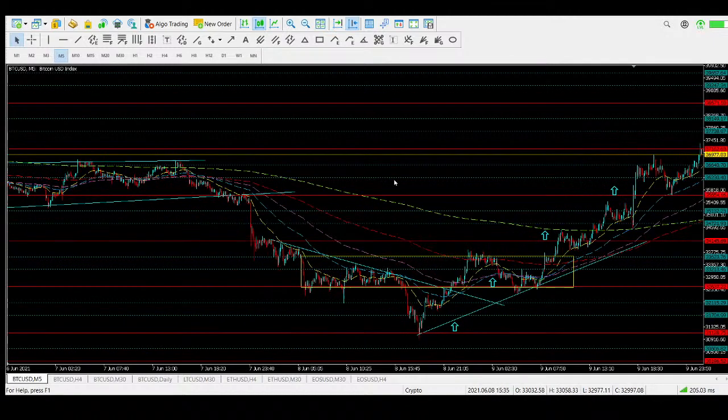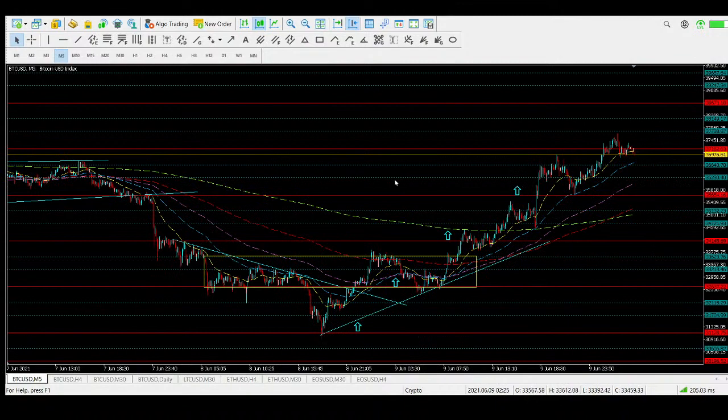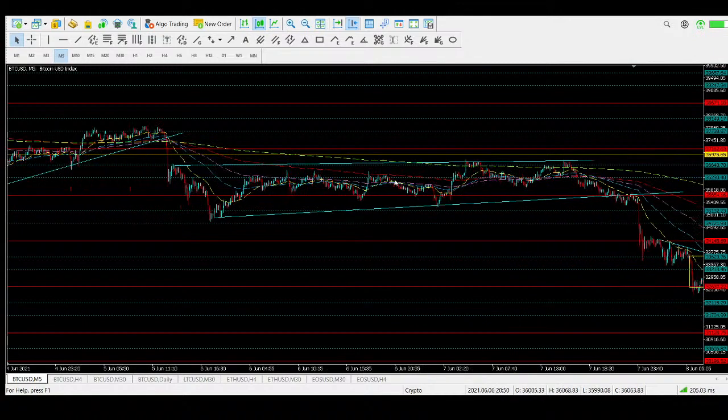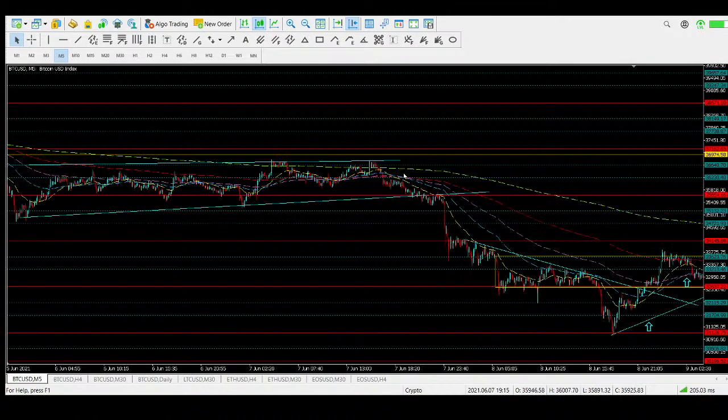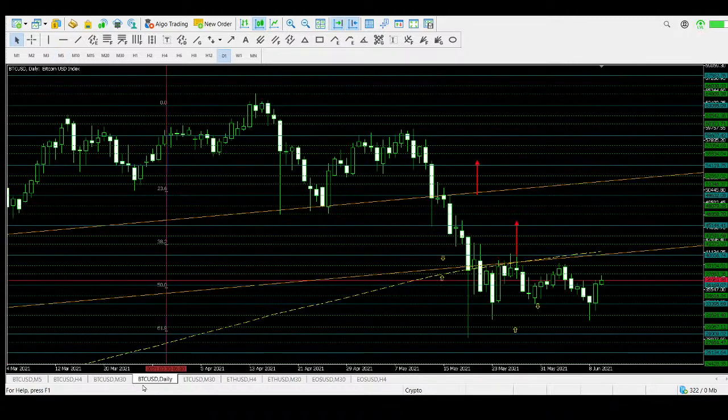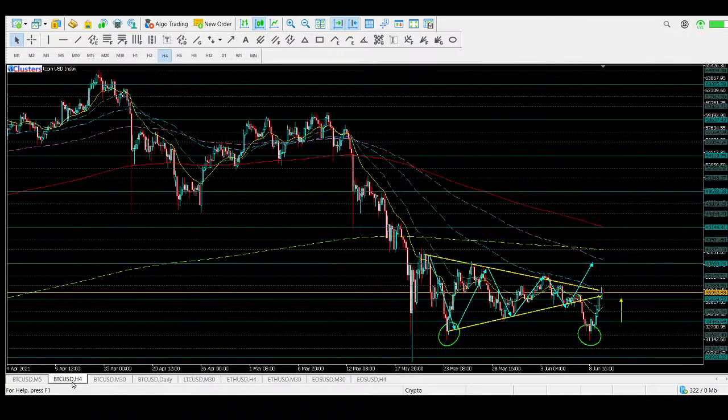What I wanted to focus on here is the importance of having a proper price structure. This system is built specifically to cater for whether you're a short-term trader or a long-term investor, as I've shown here on the daily chart and the 4-hour chart as well.